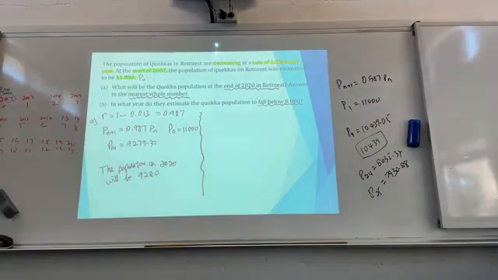Alright, so the next one is what year to estimate. So part B, we did P14. P24 is 8035.34. P25 is 7930.88.